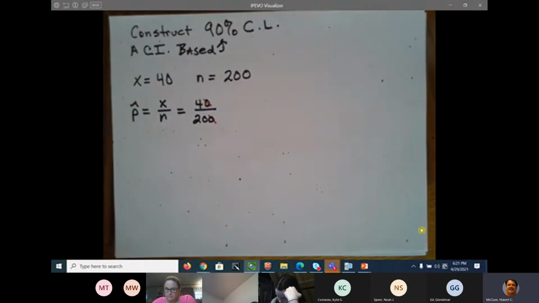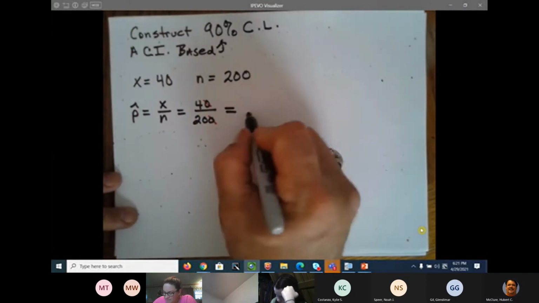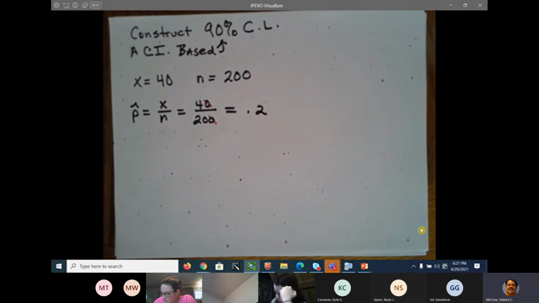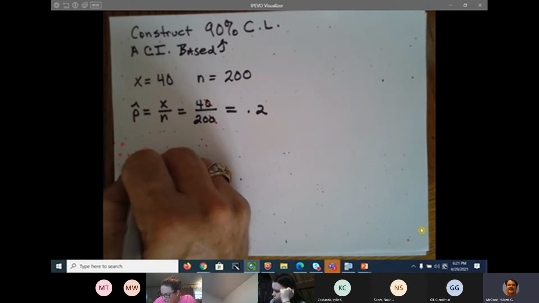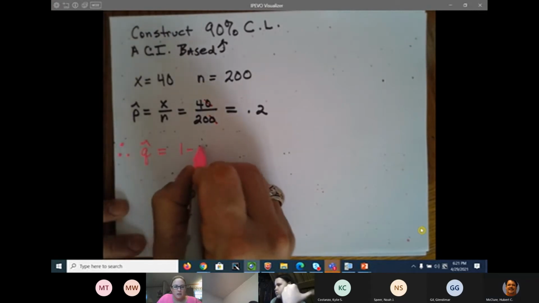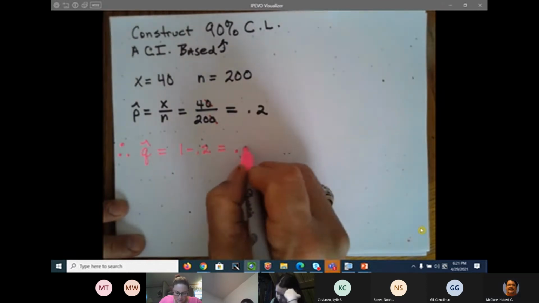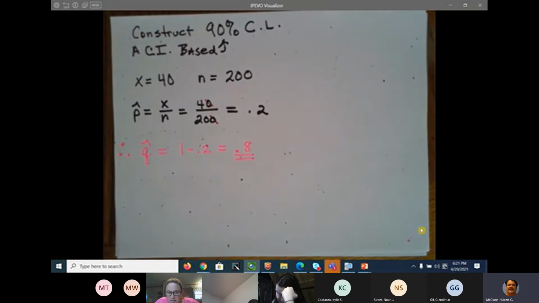If somebody would check that for me. Therefore, somebody tell me what Q hat is. It's the complement of P hat. Which is 1 minus 0.2, 0.8. Good job.